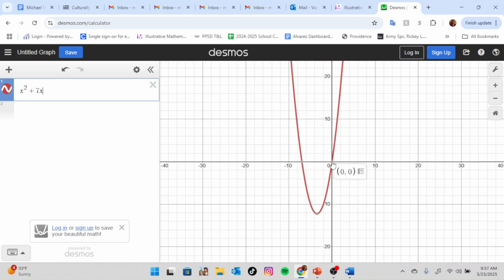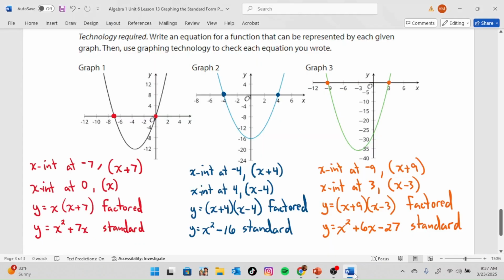This gives us a parabola that opens upward with x-intercepts at 0 and negative 7 and a vertex at negative 3.5, negative 12.25. If we look, that's exactly what we have here. So graph 1 and our equations are correct.